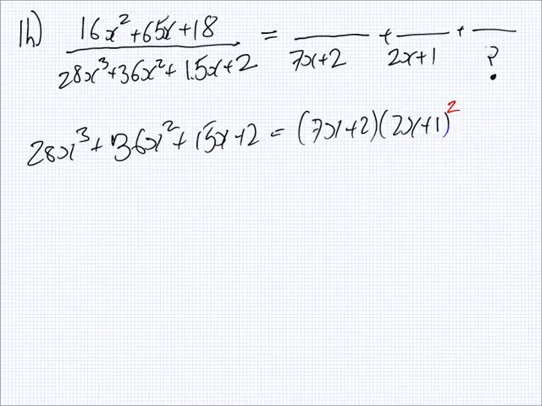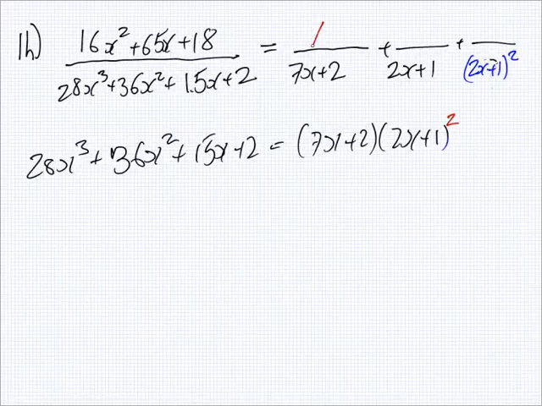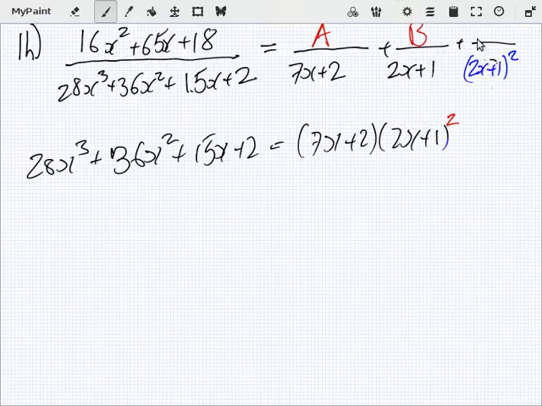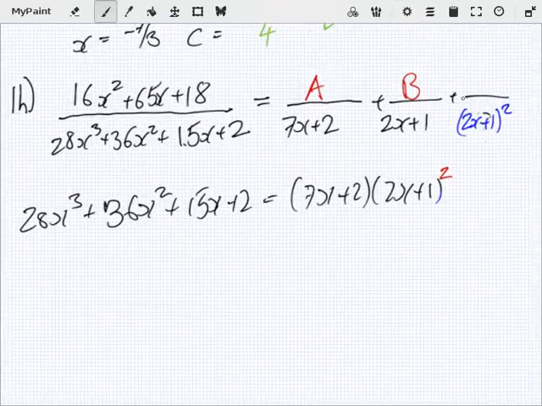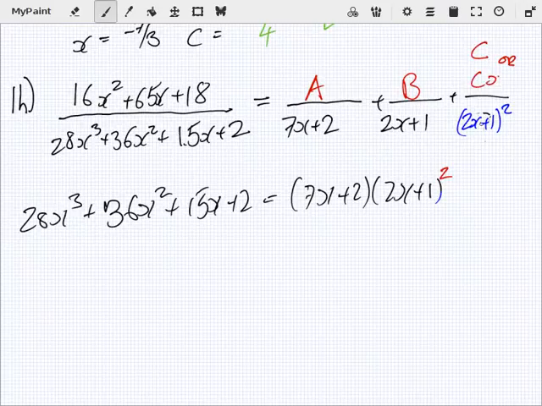So what do we write here? 2x plus 1 squared. Very good. 2x plus 1 squared. Now, what goes on the top here? A, B, and here? Well, you have a choice. C. You can use C or Cx.